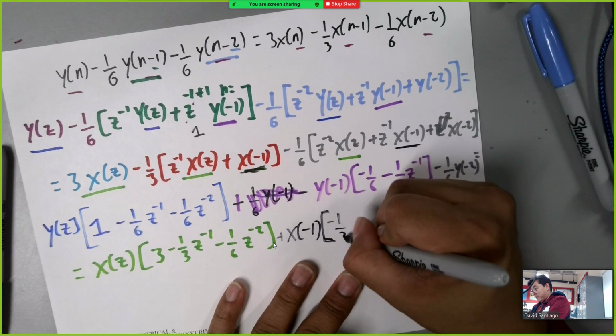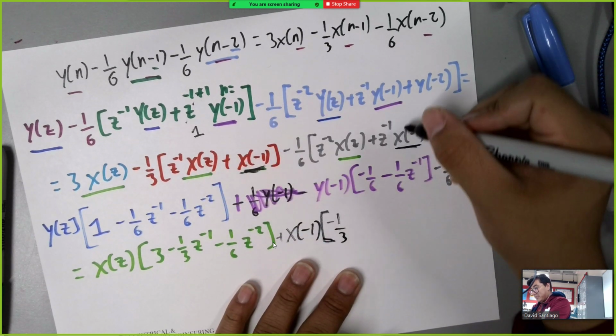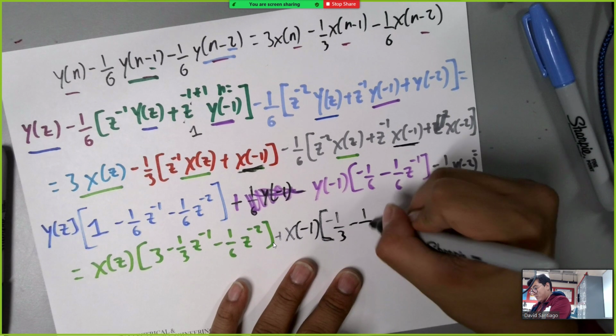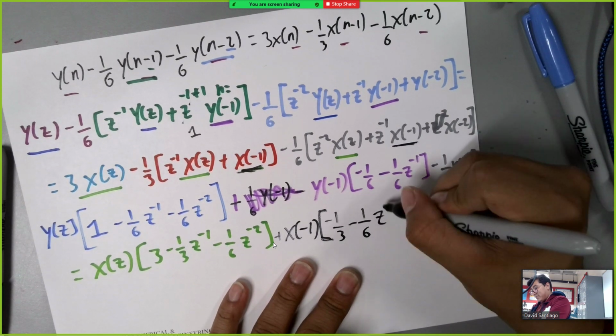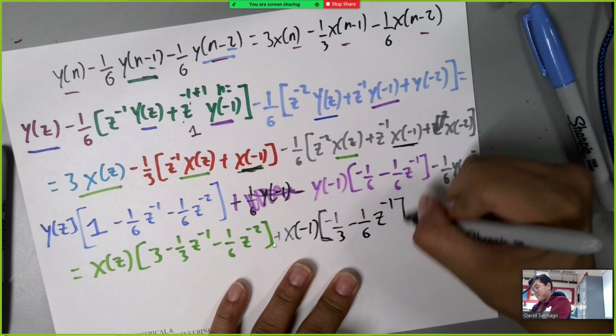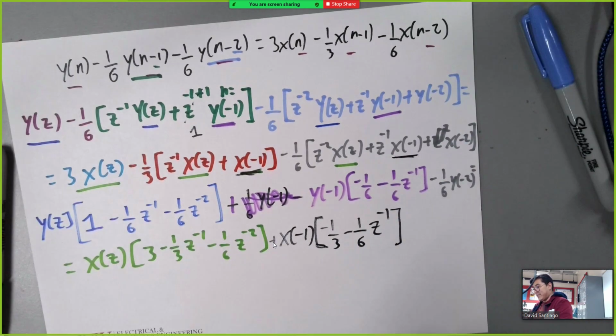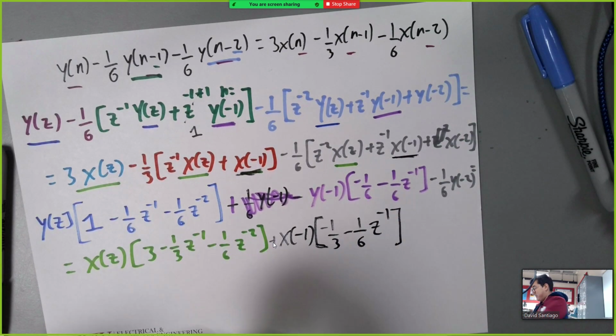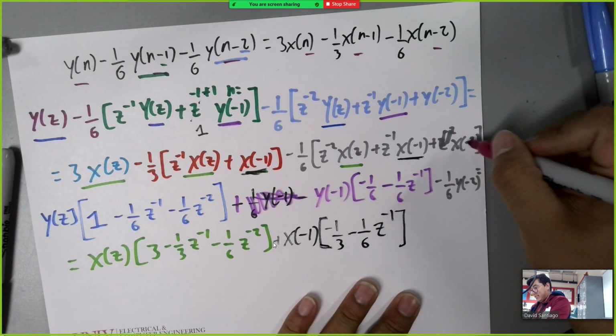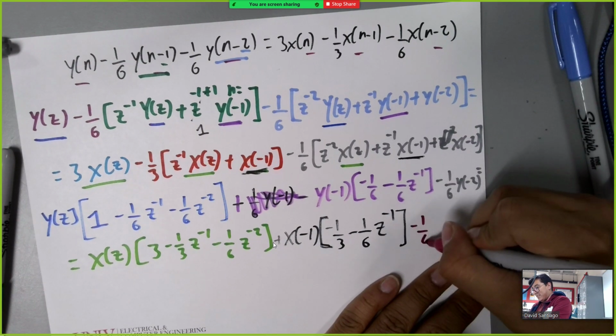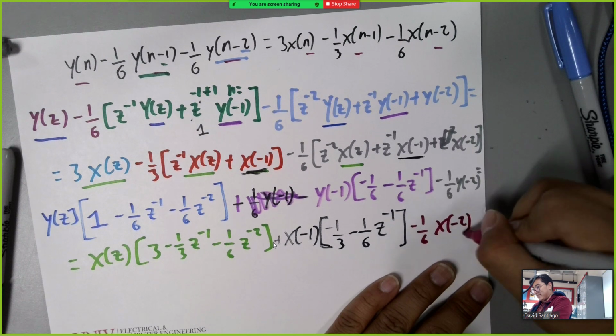Minus 1 over 3. Go. And then minus 1 over 6, z to the minus 1. There we go. And then the final term we got to take care of is, let's use this marker. This last term, minus 1 over 6, x of minus 2.